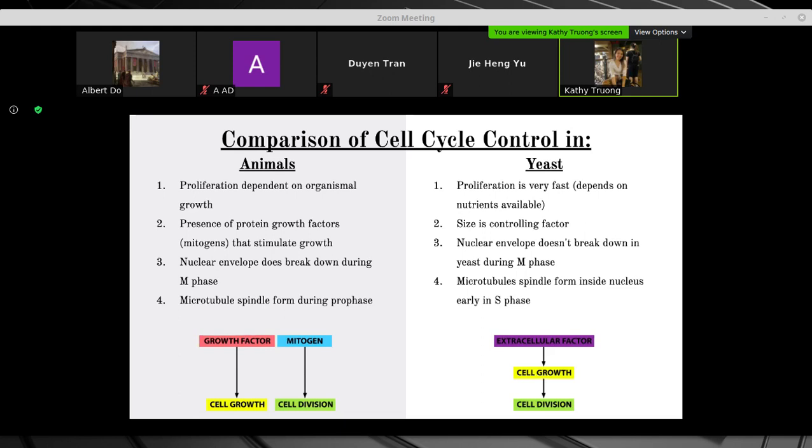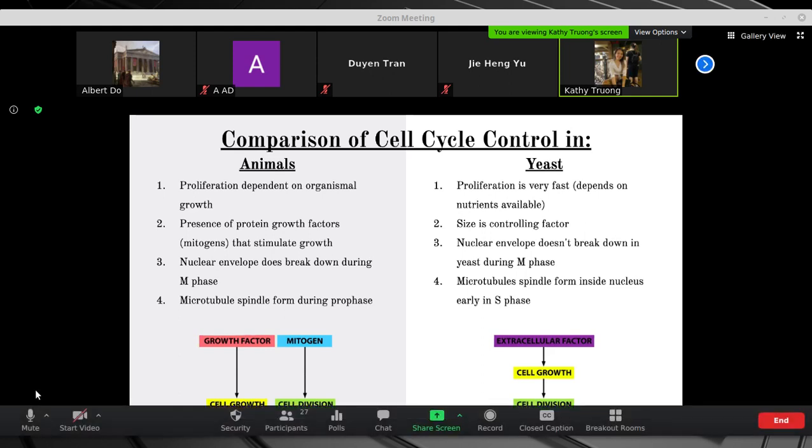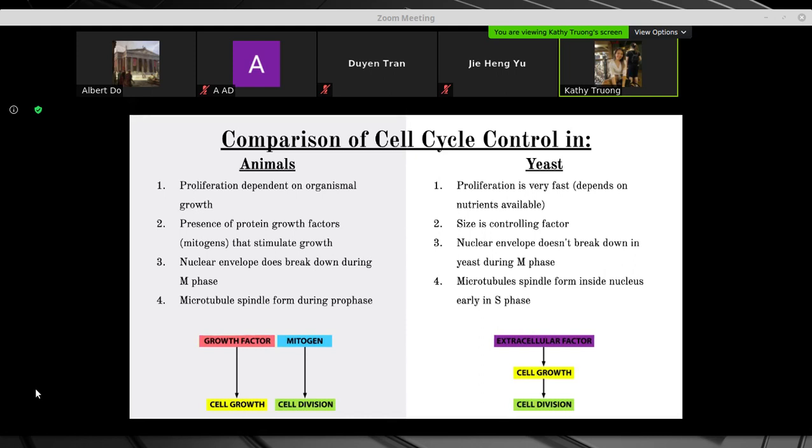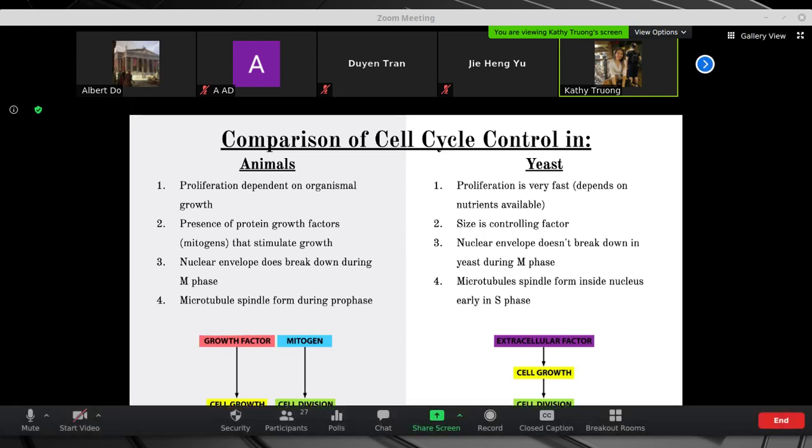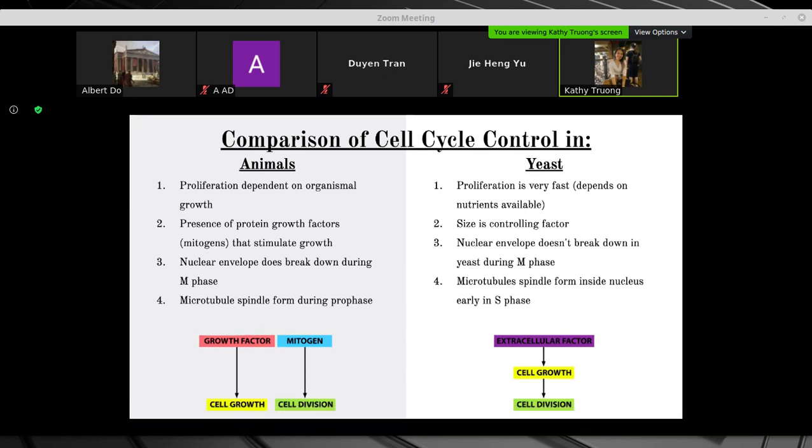Now, in comparison with yeast, proliferation is dependent on nutrient availability, making it very fast if there are a lot of nutrients available. With this, size is also a controlling factor, because in yeast, since it's growing dependent on the nutrients, it needs to achieve a certain size before continuing.